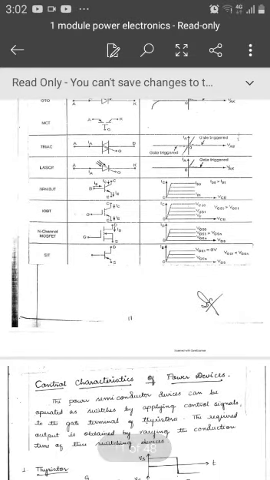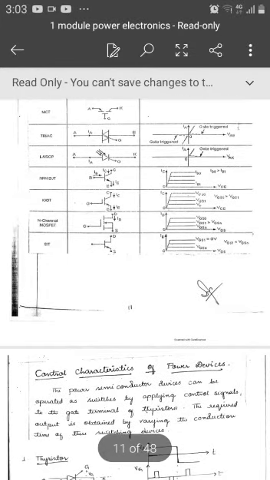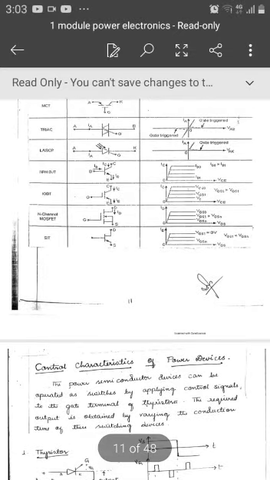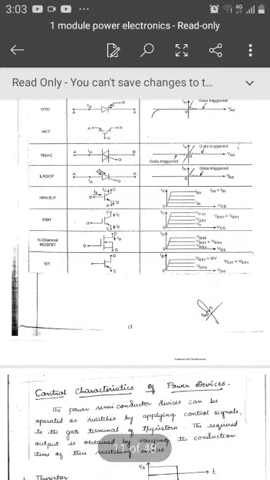Next one, that is the LASCR, the light activated SCR. The LASCR can be turned on by light signal. The gate is photosensitive and the SCR turns on when the light falls on it. The figure shows the symbol and characteristic of a LASCR.